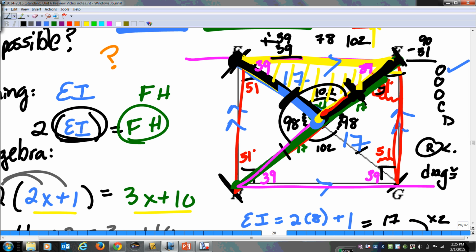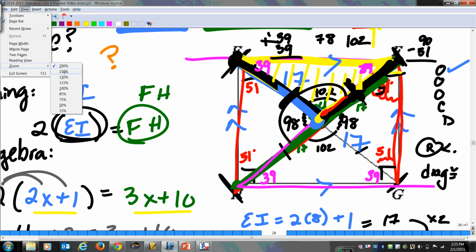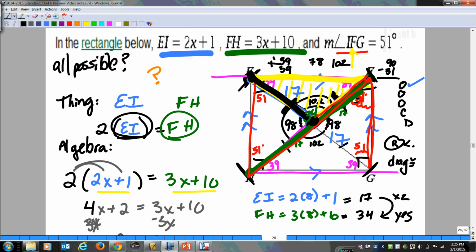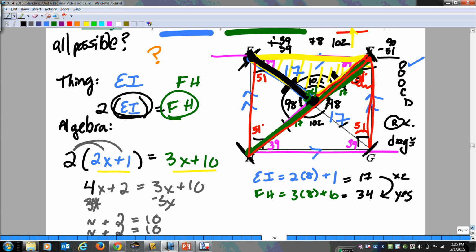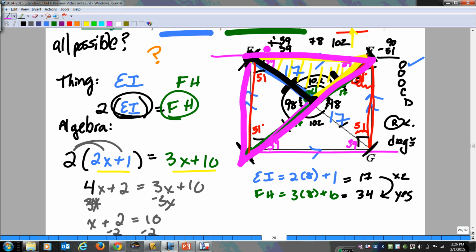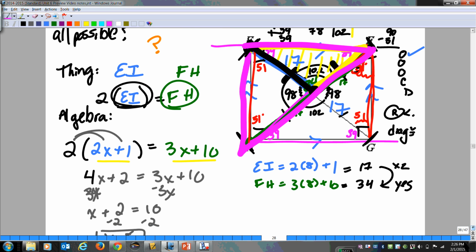Now, you think you're done. You have truly found all the angles, and you think you found all the sides, but not quite. Because, watch out here, I'd like you to trace E, H, F, please. Do you notice that's a right triangle?